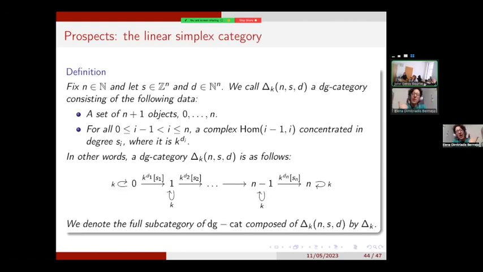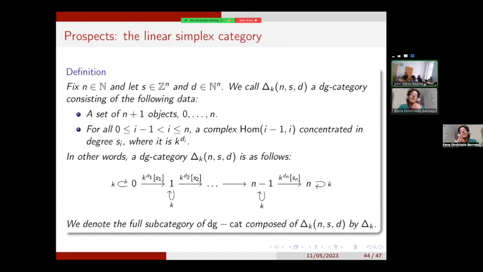Now, another possible prospect of this. DG Segal spaces were not our first idea. In origin, we were trying to work with this thing called a linear simplex category.